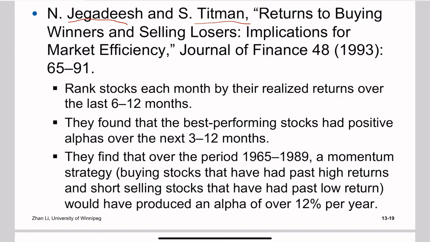So you can see that this is actually a pretty significant result because 12% per year alpha is a very large number. The average return in the US market is about, I think it's about 8% per year for the last 100 years. So if you have an additional 12% return, that is huge, right?